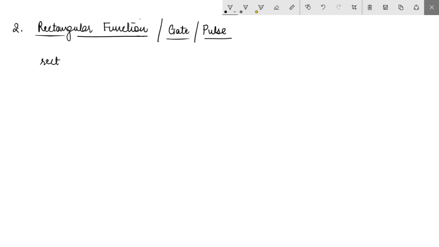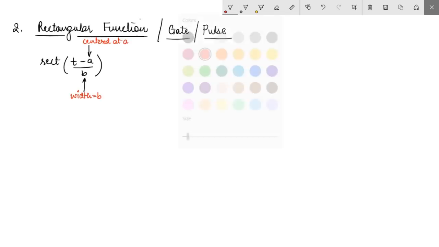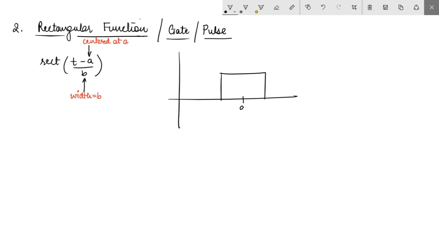Saying that some function is of the form rect of t minus a upon b, what this means is that this is a unit rectangular function having a value equal to 1, centered at the value of t equal to a and has a width b. So this kind of a function is centered at a and has a width of b.